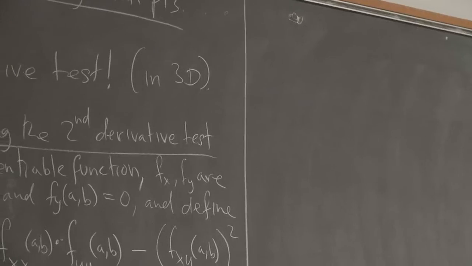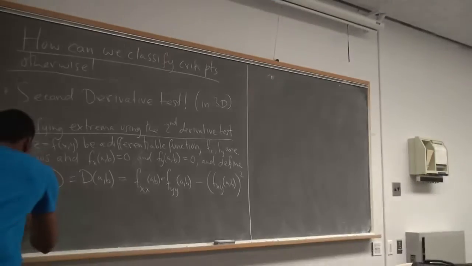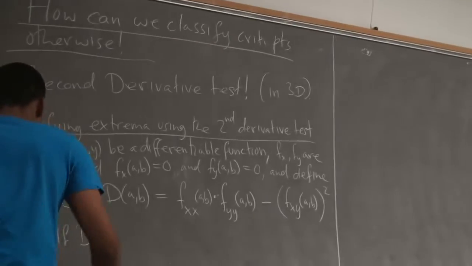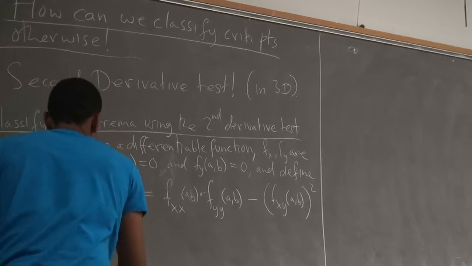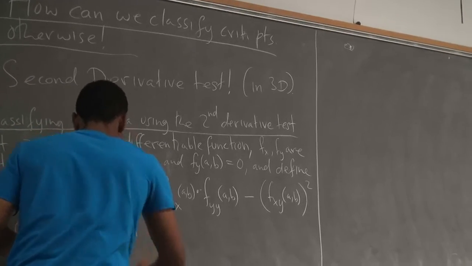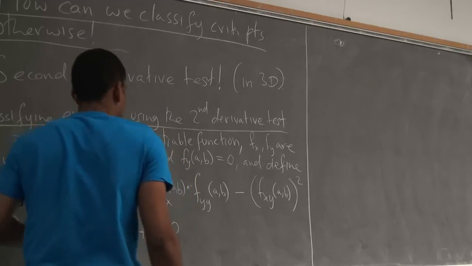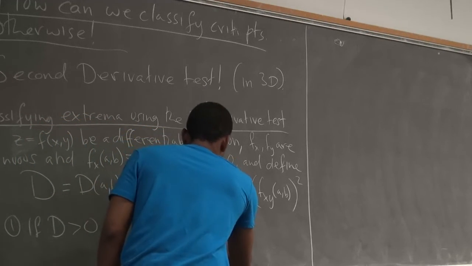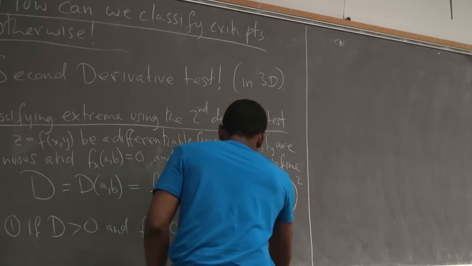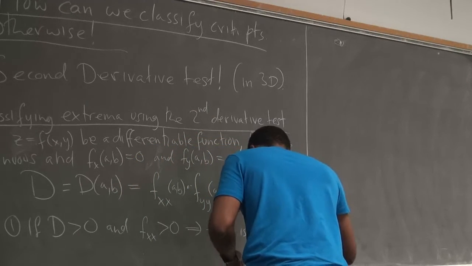We have several cases. One, if your D is actually greater than 0 and fxx is also greater than 0, then f of a, b is a minimum.